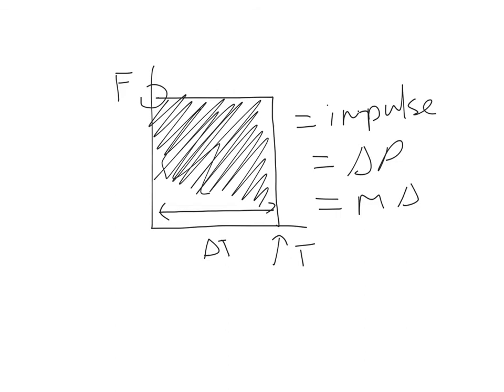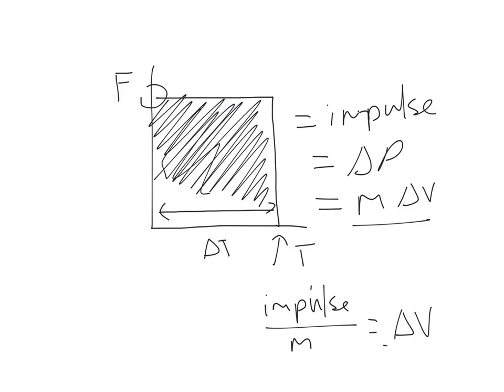So the only thing that does change is the velocity. So this is quite nice, because what we can say is that the impulse divided by the mass will equal a change in velocity. Please note that is a change in velocity, not a final velocity.